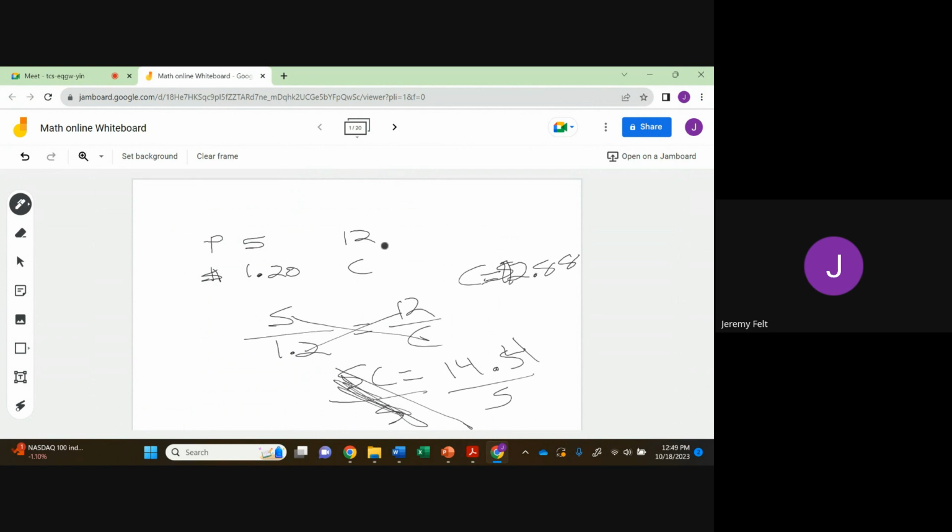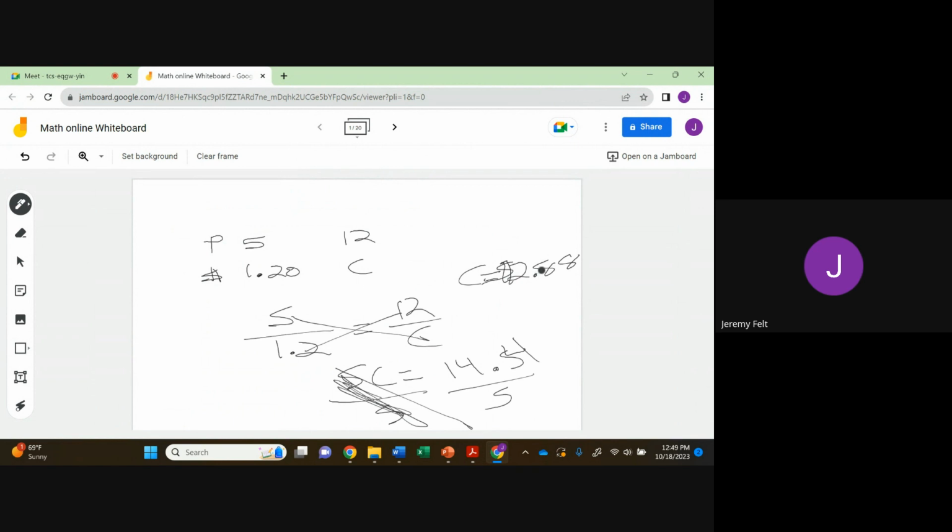Again, look at the numbers. I don't know what I hit in my calculator. I got like 400 for my first answer. I must have punched something in wrong. So if you ever get a number that seems way too big or way too small, 12 pencils costing $2.88, just in looking at it, we could go back and check our work, but that sounds reasonable based on the information that we were given.